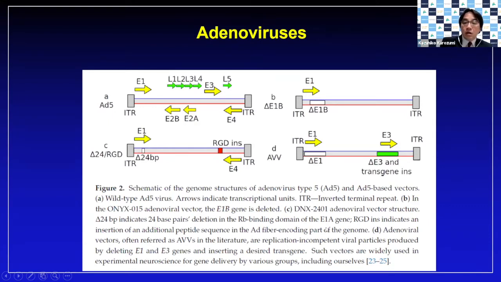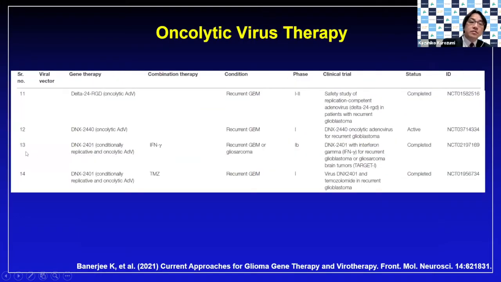This is replication incompetent, so the virus does not replicate its DNA. So for oncolytic virus therapy like these adenoviruses, the delta-24-RGD clinical trial is completed, and there are other delta-24 trials also.